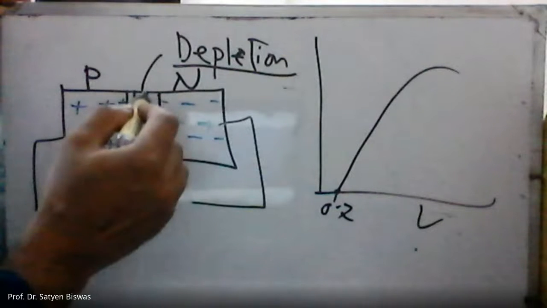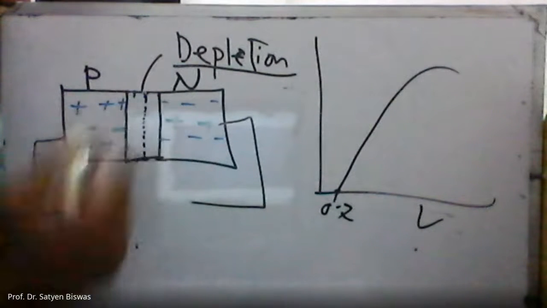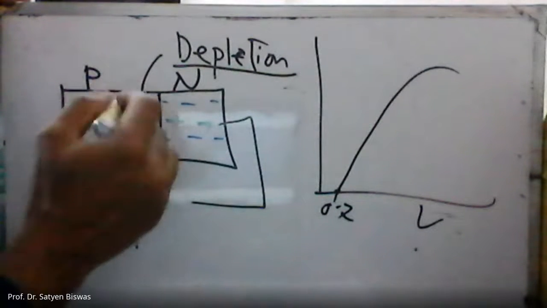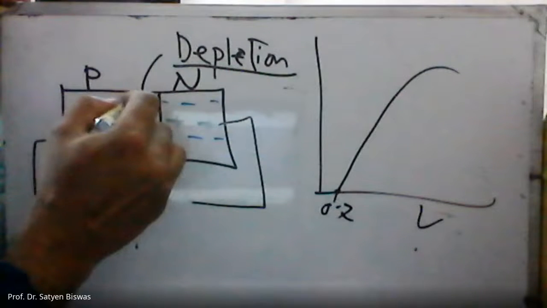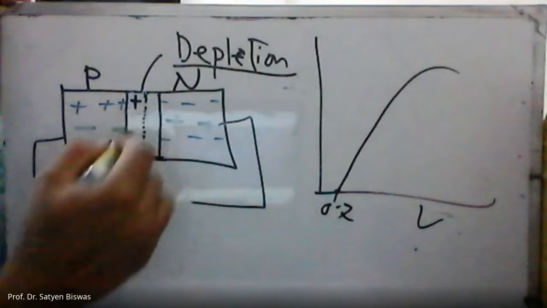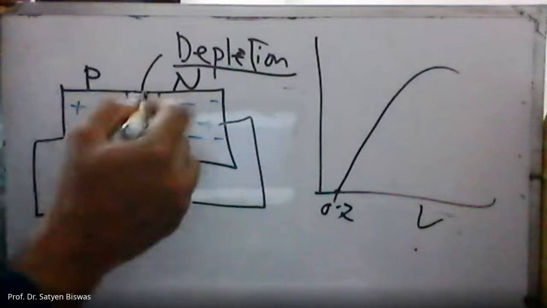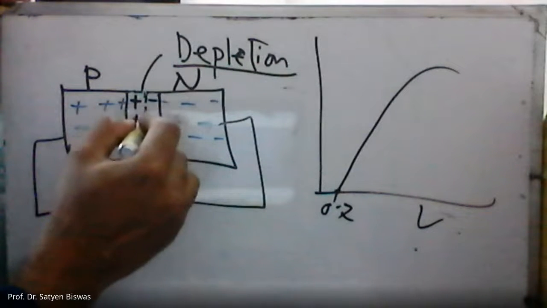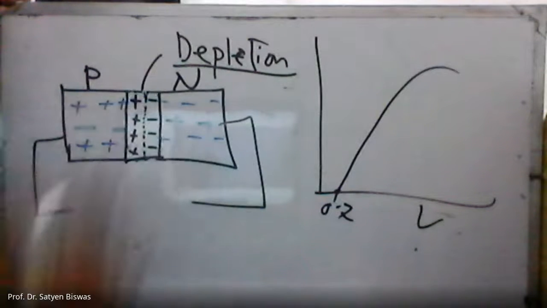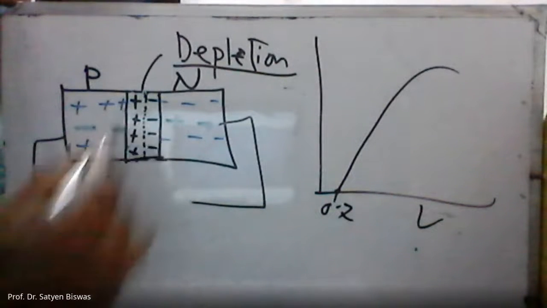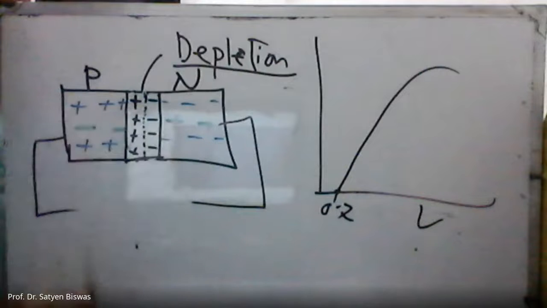On the left side there were holes, because this is p-type, and on this side there were electrons. Let's say I put 4 electrons on the right side and 4 holes on the left side. This was the original, right?